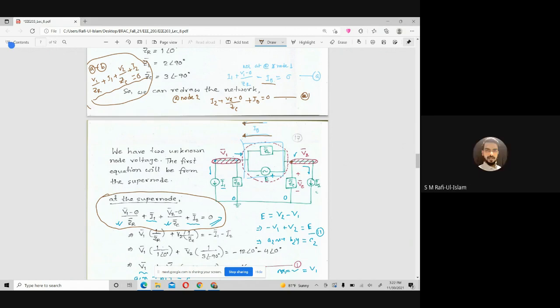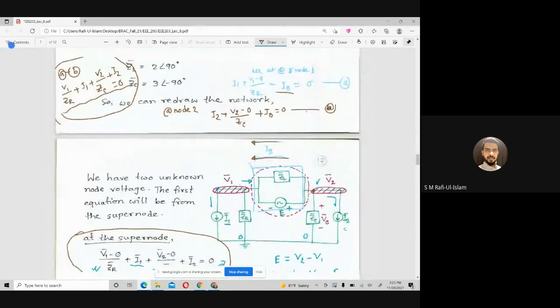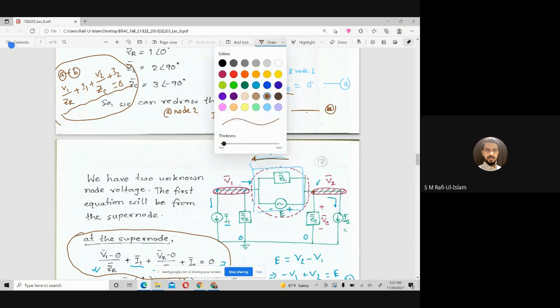Super node means you don't need to write two different node equations and then get back to this. If you are not convenient with the super node, you can always consider the voltage source portion as a black box, consider current in any direction, and then combine the two equations, and you will get back to the same format.